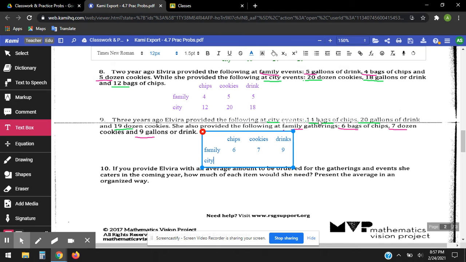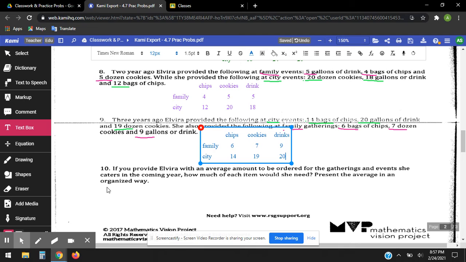And then the city one had 14 bags of chips and 19 dozen cookies and 20 gallons of drink. So we're just setting this up in a more organized fashion.